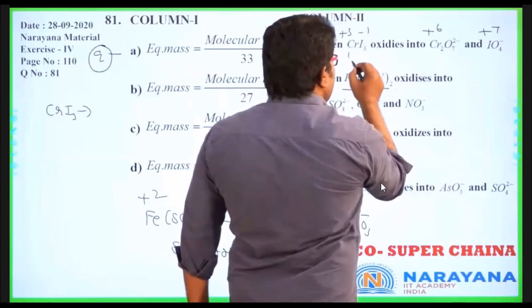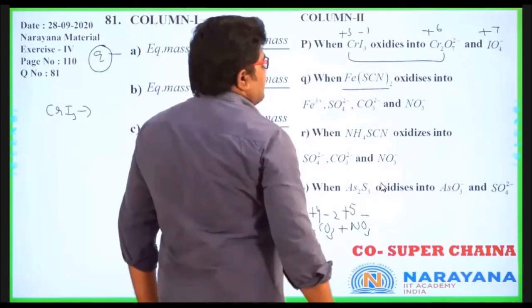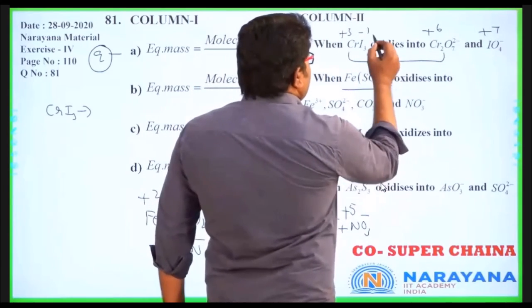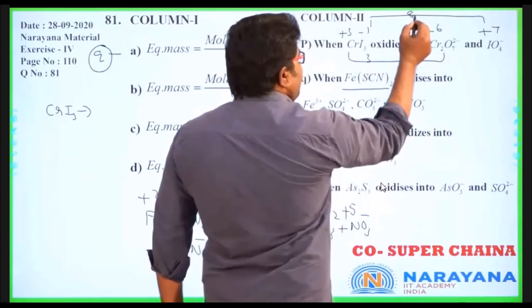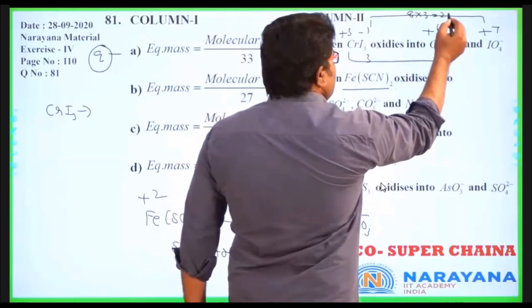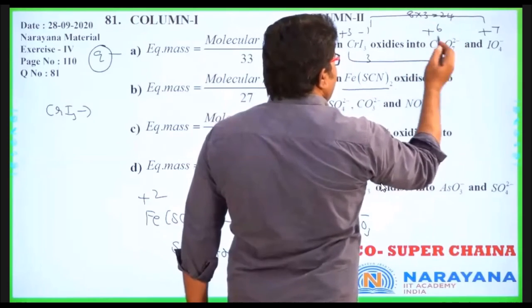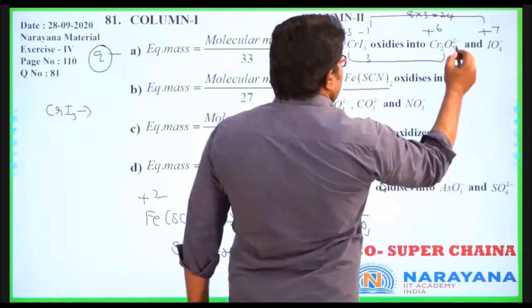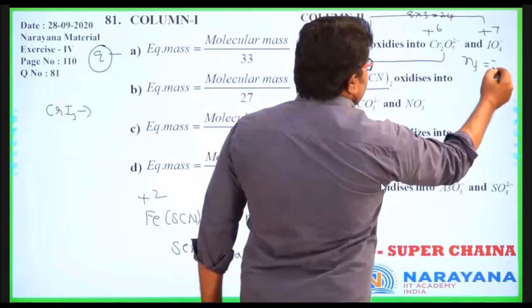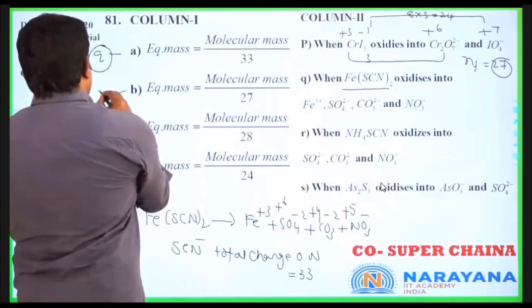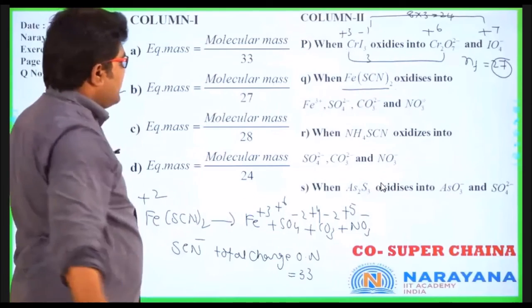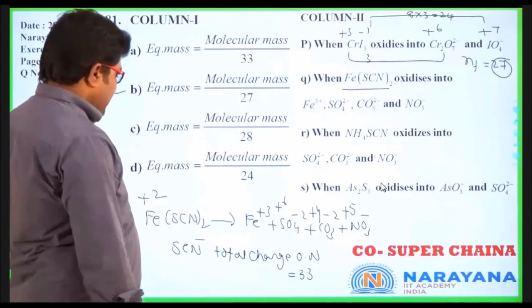So the total change from here to here, 3 units, from here to here 8, plus 3 iodines are there, that is equal to 24. 24 plus 3, 27. So n factor in this reaction is equal to 27. So for B, P is correct one. Okay. Now coming to C.